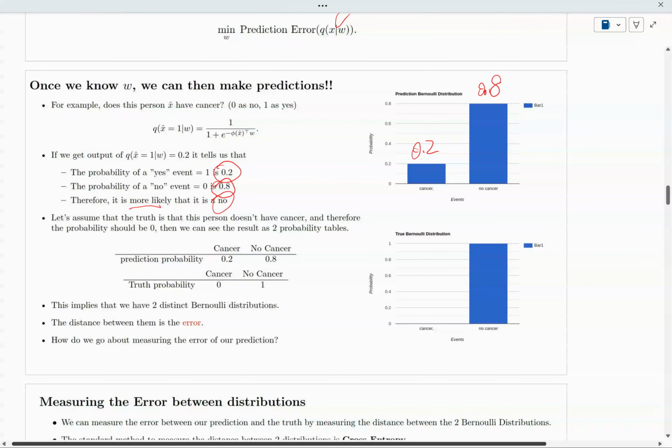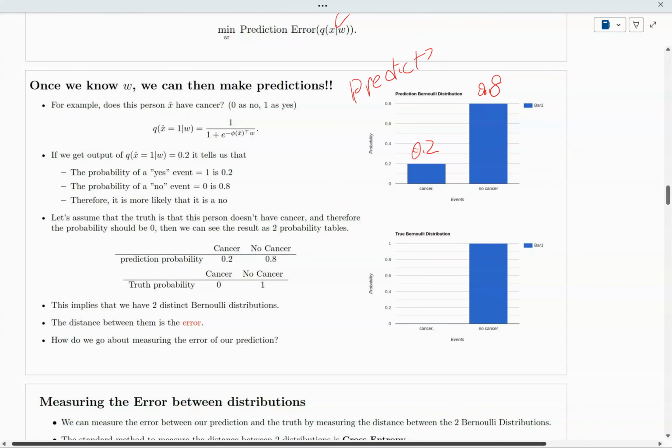This is how you can get an output out of this. Because once you know the output of this is 0.2, 1 minus that is automatically the probability of not detection. So now this right here is what we call a prediction.